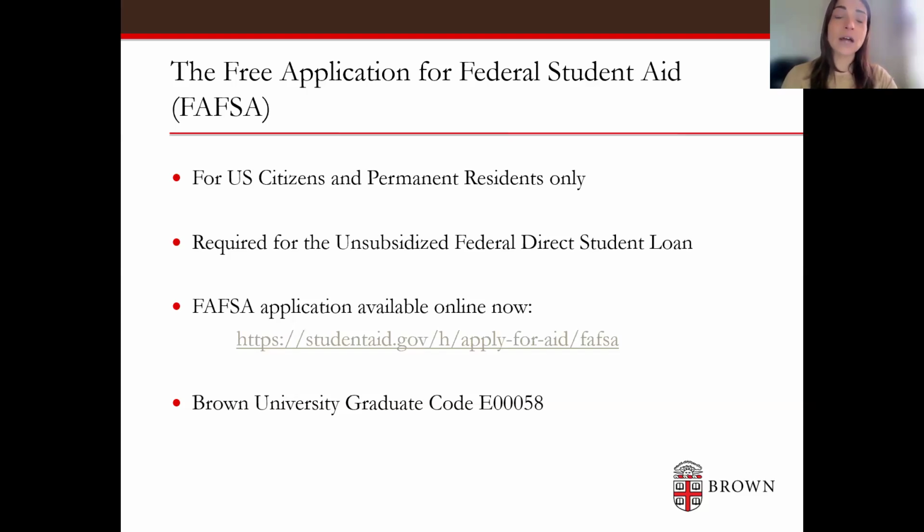Even if a student is not necessarily sure if they plan to borrow that loan, filing the FAFSA does not force you to borrow, but it's helpful to have the application completed up front so you have all options available to you. The FAFSA application is available at studentaid.gov, which is the federal student aid hub for most of their processes.